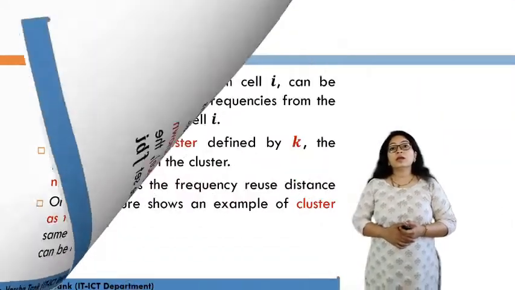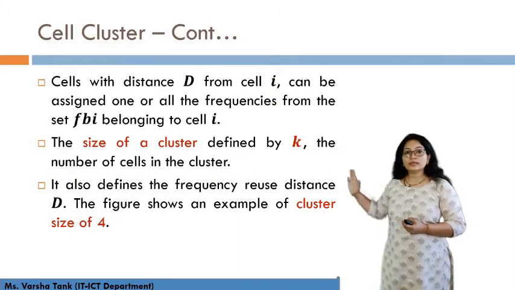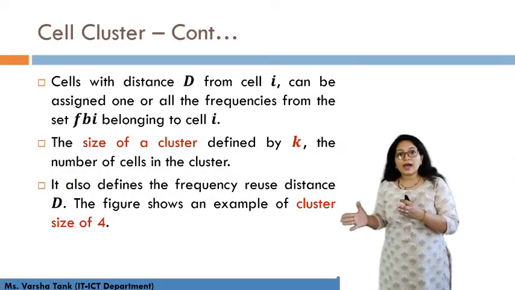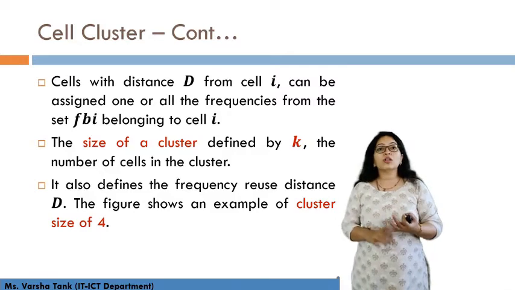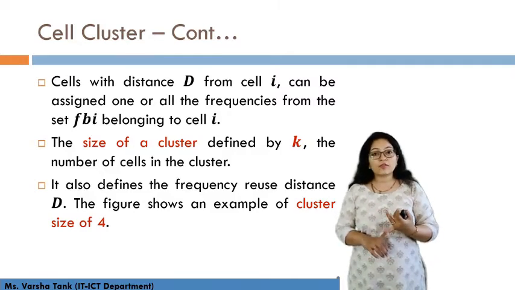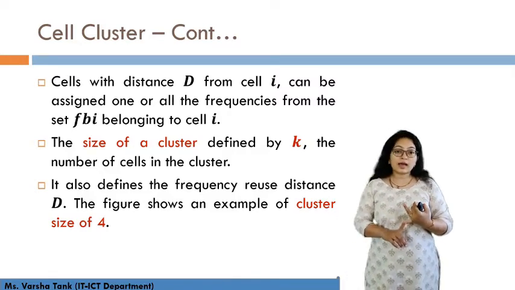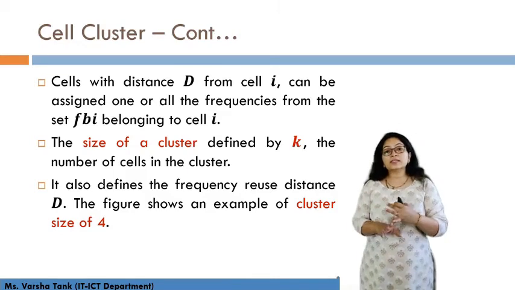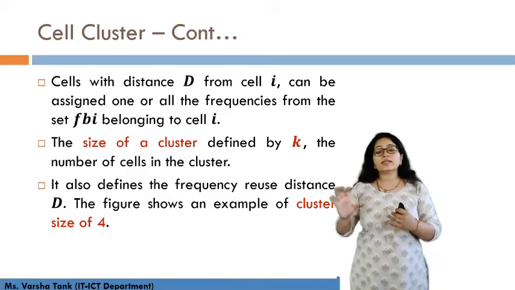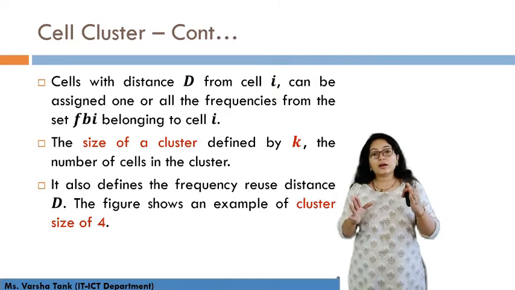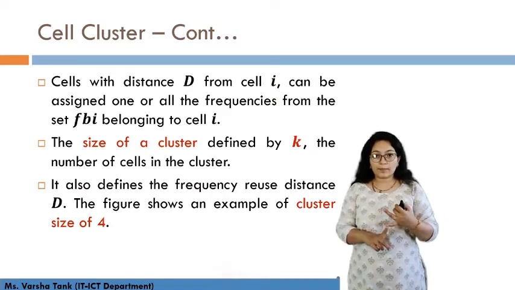A cell within the distance D from cell i can assign one or all of the frequencies from the set Fi belonging to cell i. So at the same distance we will assign the same frequency, for example F1, and we will reuse it without overlapping.